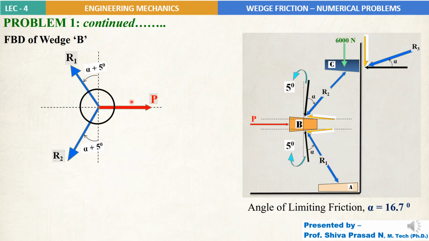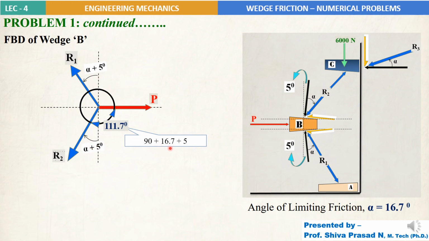So now to apply Lami's theorem, I will find the angles between two forces each. So angle between R2 and P works out to be 111.7 degrees. How? So this is 90 degree plus alpha plus 5 degree again.